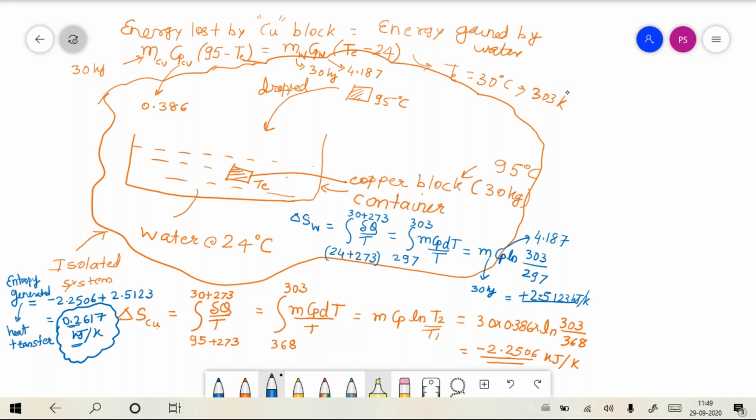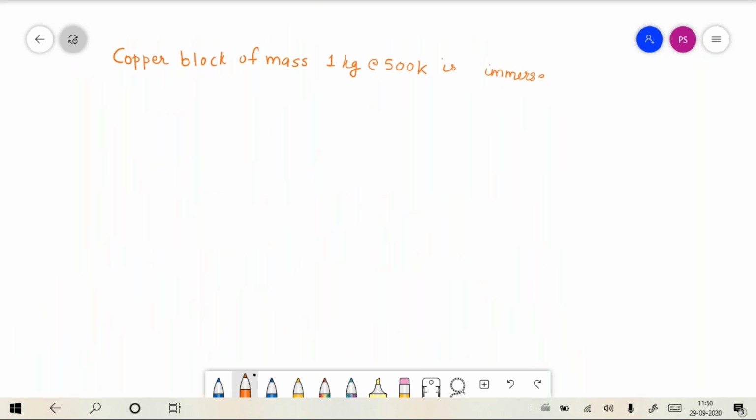A copper block of mass 5 kg and at 500 Kelvin is immersed in a lake till it reaches the equilibrium temperature.